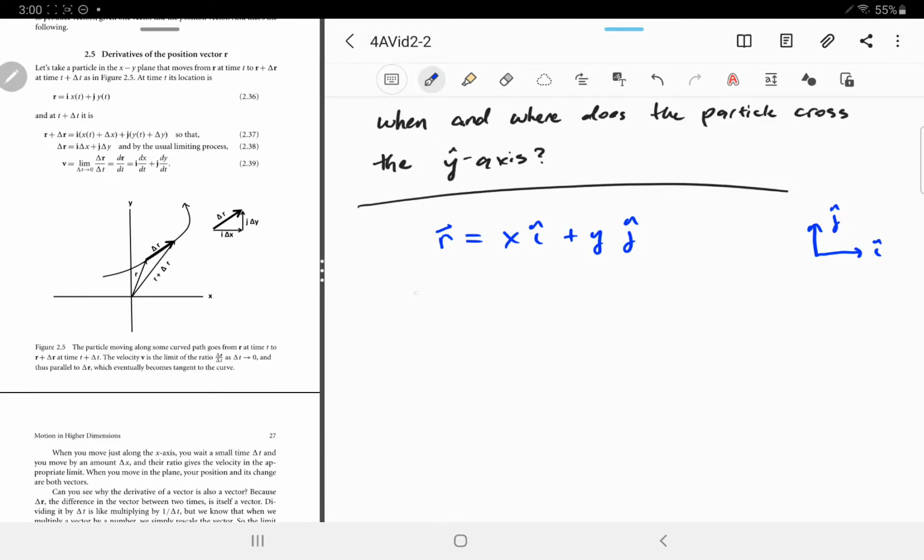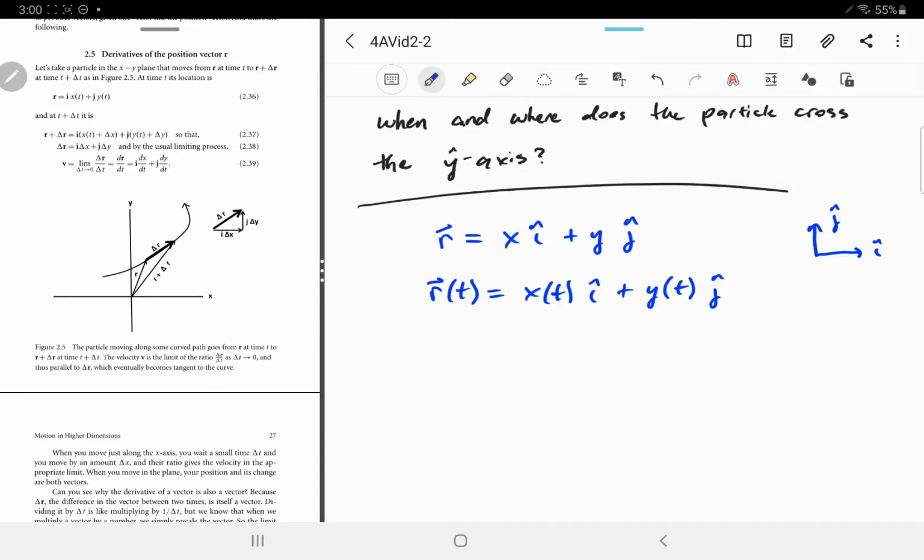So in this section, we want to emphasize the fact that this position can change over time. So if we're describing the position of a particle, that particle doesn't have to stay put. And so both the x and the y pieces can change over time. But in a Cartesian coordinate system, the basis vectors don't change over time.